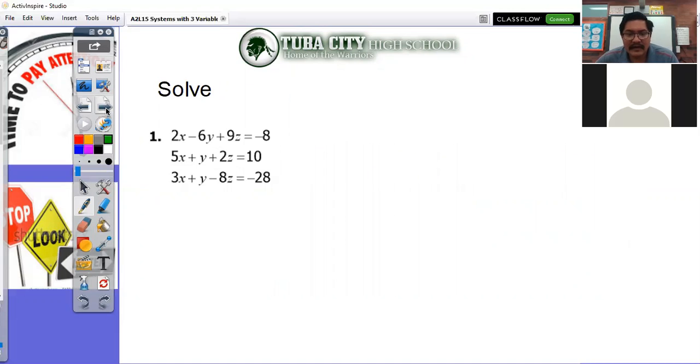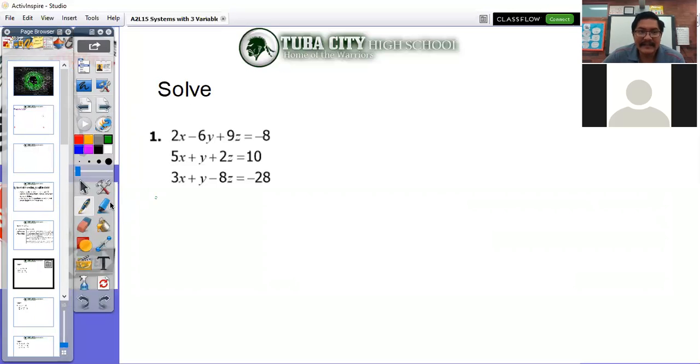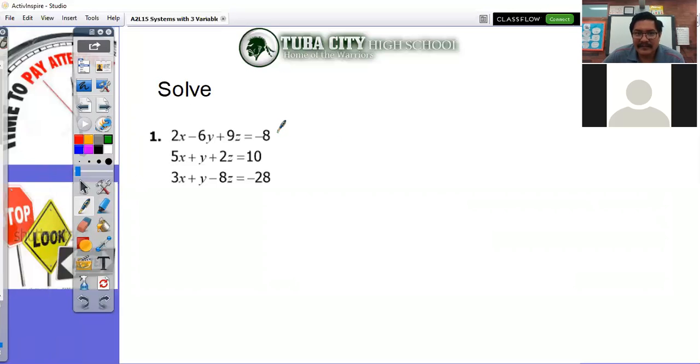Okay, so I have this one right here first, and it looks like we're going to need to pick some variables to get out of there. This can be pretty difficult if you're not very strong with your systems of equations, and this one's going to take a lot of writing.